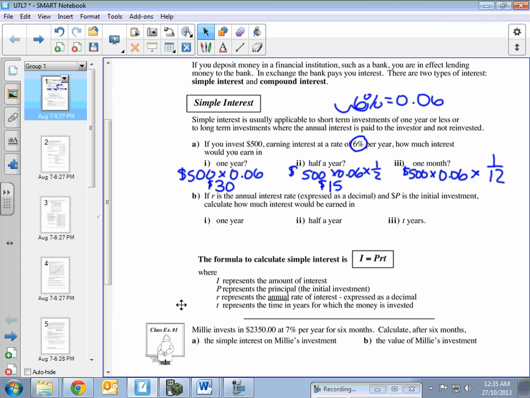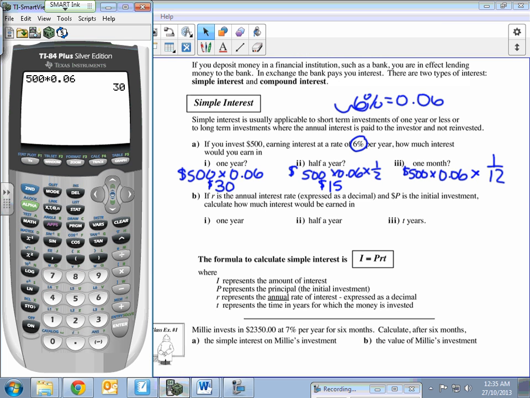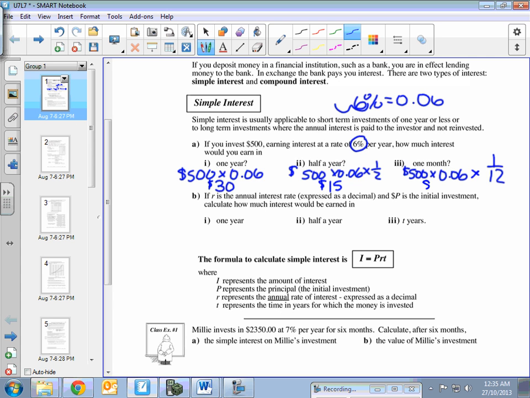So if you don't know how to do this in your head, just go 500 times 0.06 times 1/12. I put 1/12 in brackets because your computer does use BEDMAS. Okay, 2.5. So you would earn $2.50 every single month. If we're dealing with money, always round to the nearest hundredth, okay? Money, we're always working in cents, so always go to the nearest hundredths in money.